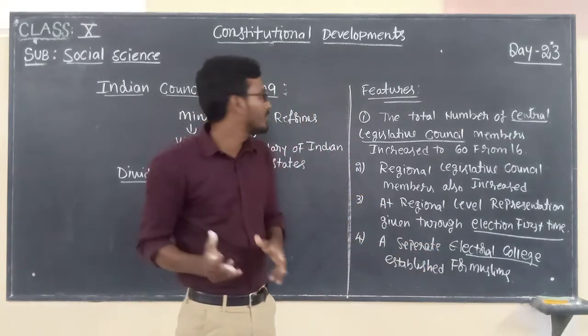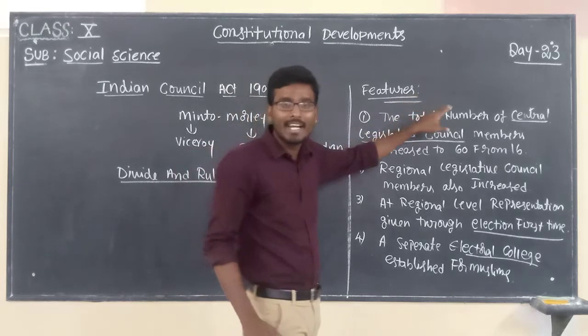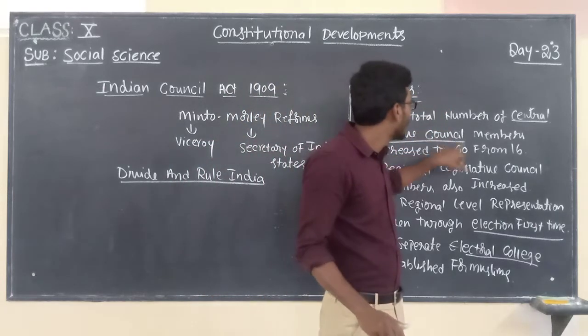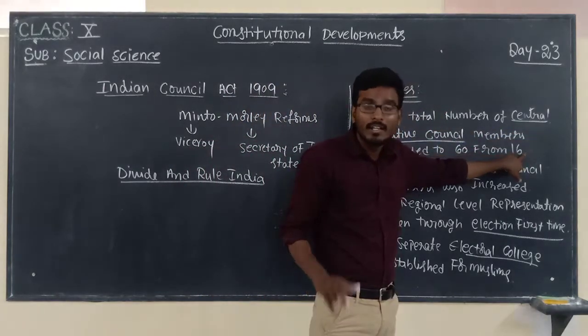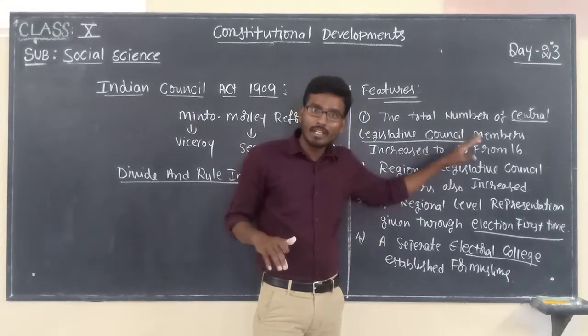So again I will repeat the features. The first one, the total number of seats in the central legislature increased to 60 from 16. In the same manner, regional legislative council numbers also increased.